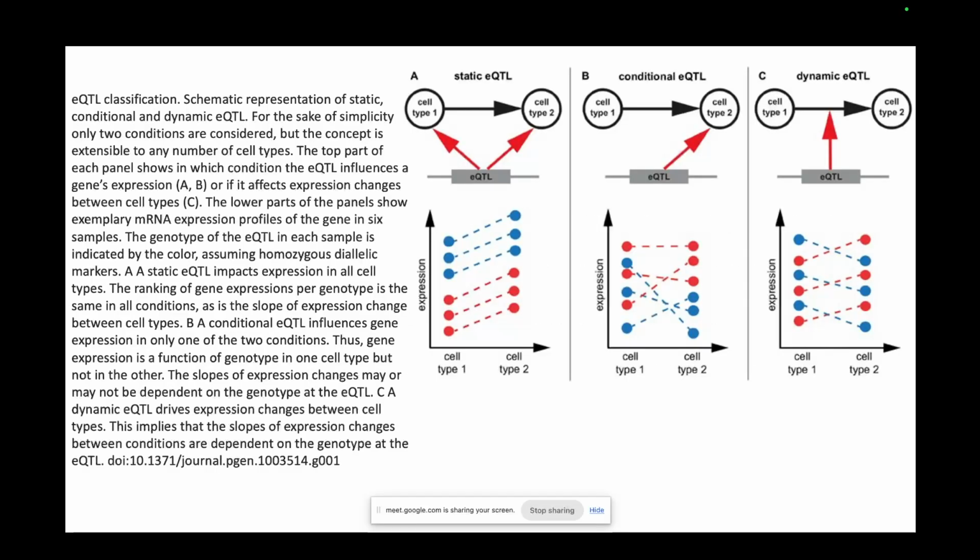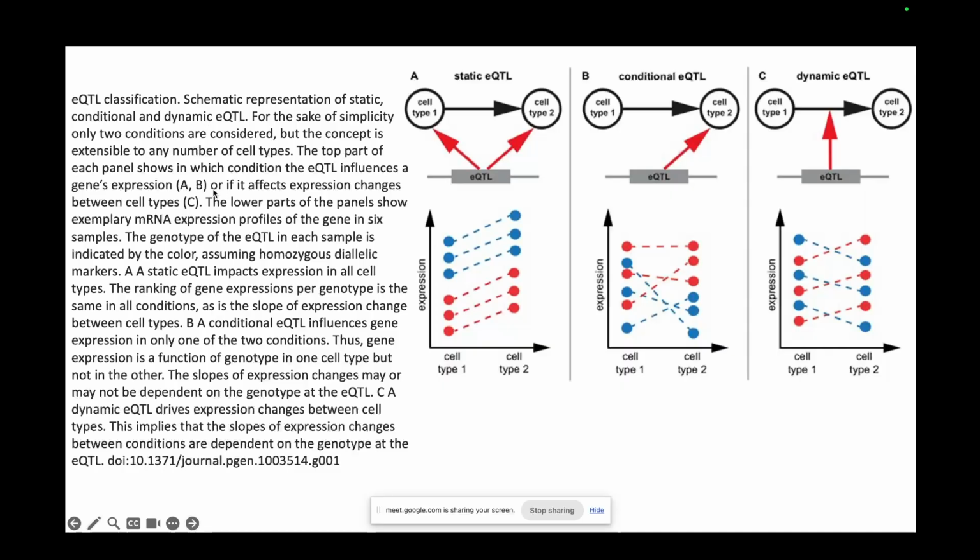So this actually shows different types of eQTLs. There are three types of eQTLs shown here. One is the static eQTL, another is the conditional, and another is the dynamic, right?